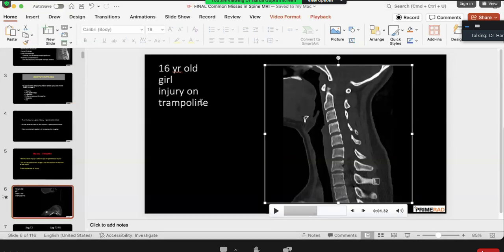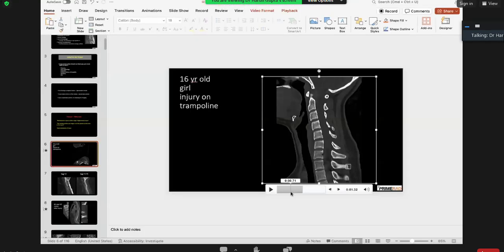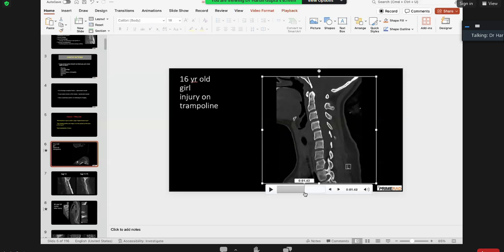So if you look at this particular case, this is a 16-year-old girl who had an injury on the trampoline. She had a CT scan. The CT scan was reported as normal, and then she was sent home. Now, if you look very carefully, she has very mild kyphosis at the C5-6 level, and she has widening of the interspinous gap at this level.